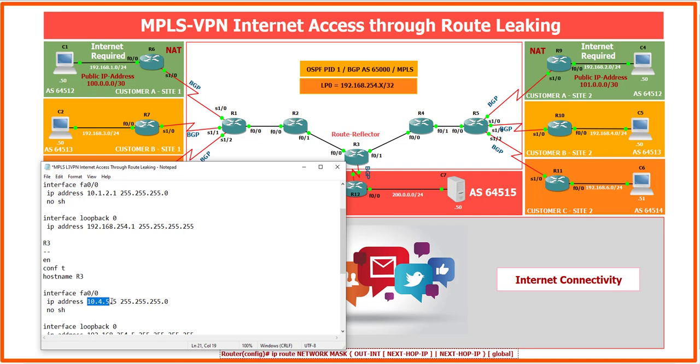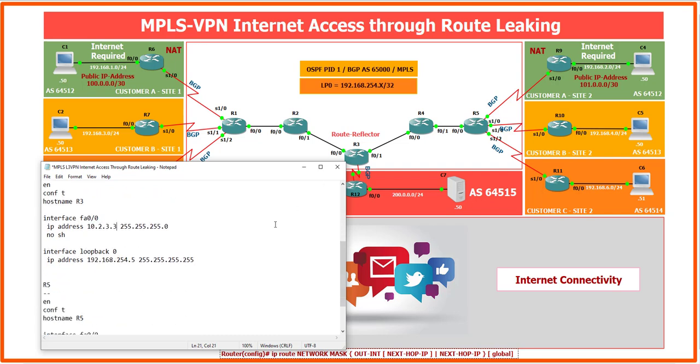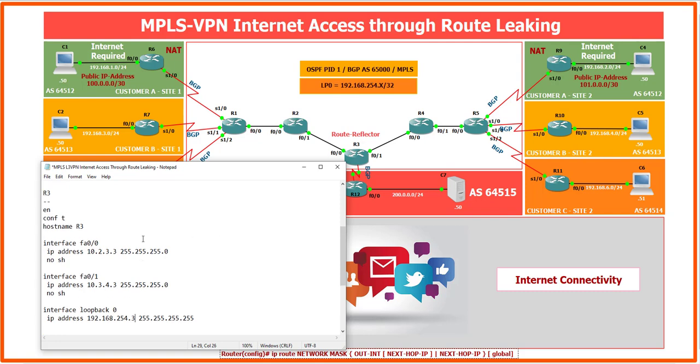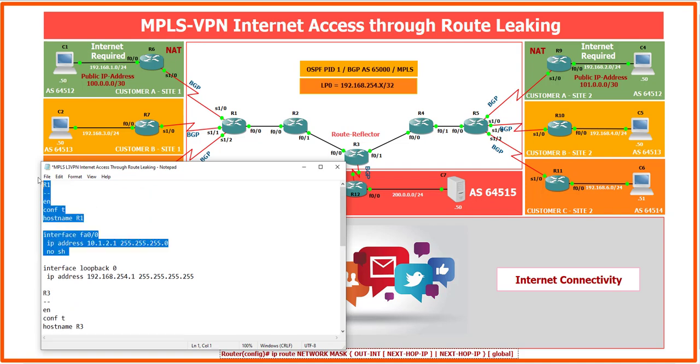This is FastEthernet 0/0 with the IP address of 10.2.3.3 255.255.255.0, and also another interface, FastEthernet 0/1, with the IP address of 10.3.4.3, 255.255.255.0, no shutdown. Interface loopback 0, IP address 192.168.254.3 255.255.255.255.